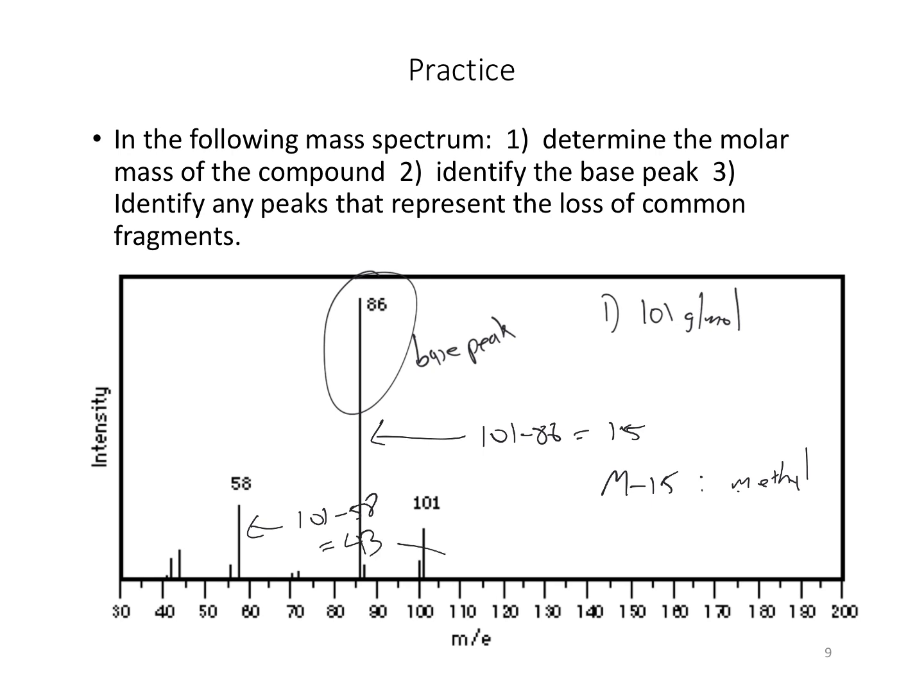So this is an M minus 43 peak, and if you look at that chart, this is most likely due to the loss of a propyl group. I should say this here for the methyl, right? The M minus 15 means that the peak that we're observing has lost a methyl. The peak at 86 isn't a methyl group, right? It represents the loss of a methyl group. And this peak at 58 represents the loss of a propyl group.